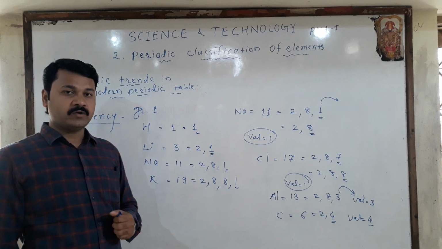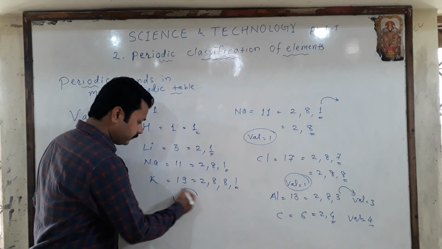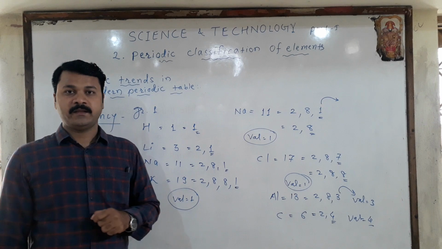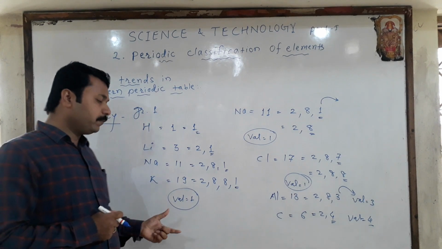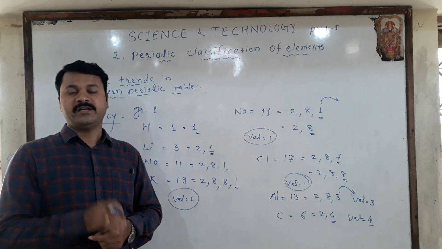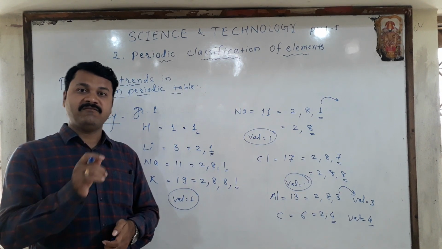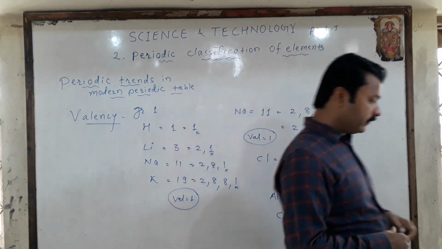So all these elements have valency 1. So we can say that elements in group number 1 have valency 1, which means they have the same valency. Now we take the example of the next group.